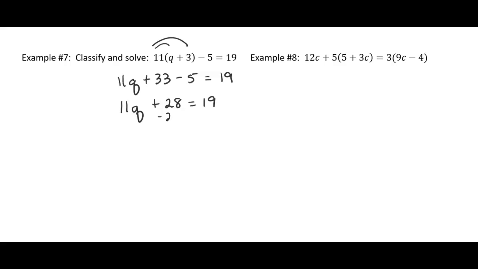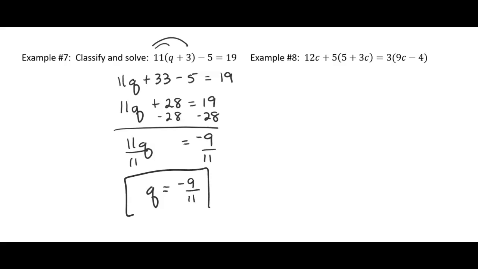And subtract the 28. So I get 11q equals negative 9. That looks right to me. And you have to divide by 11, which is okay. So we get q equals negative 9 over 11.